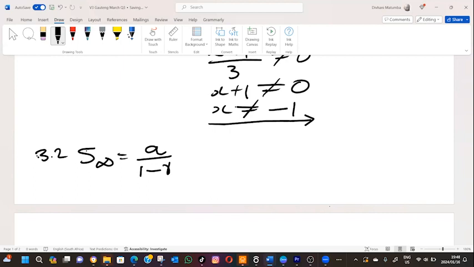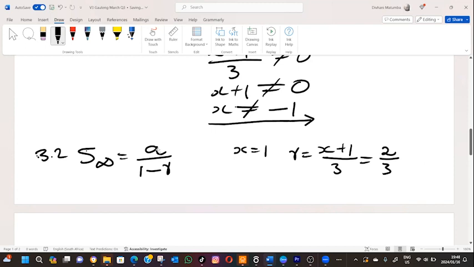Now, they said if x is equal to 1, then your r, which is x plus 1/3, will be 1 plus 1, which is 2. So it will be 2/3. So we have the value of r.